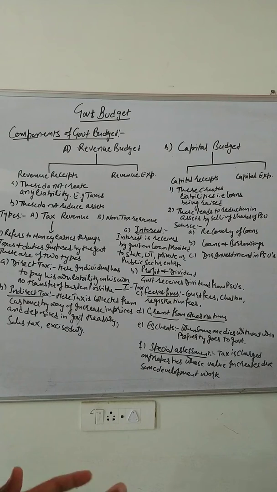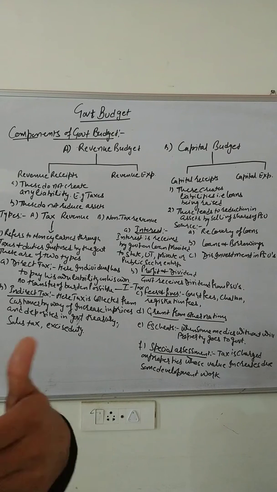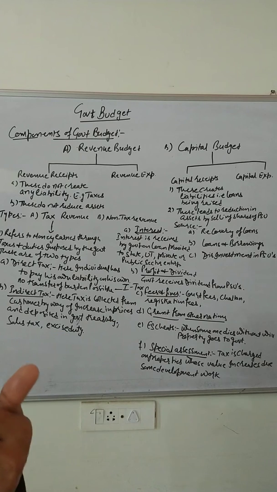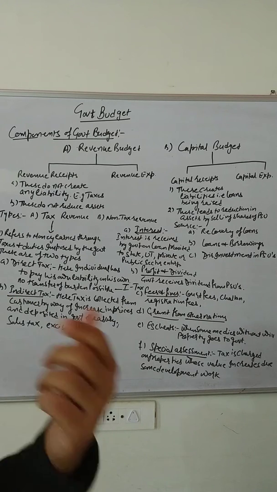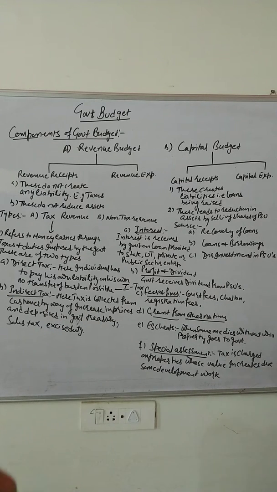But in case of revenue receipts, the money is being earned on regular basis through regular activities, and they are not reducing any of the assets of the government and also not creating any liability. So that is the basic difference between revenue receipts and the capital receipts.